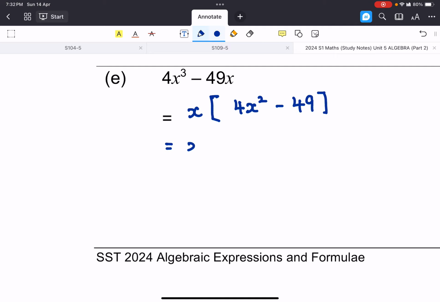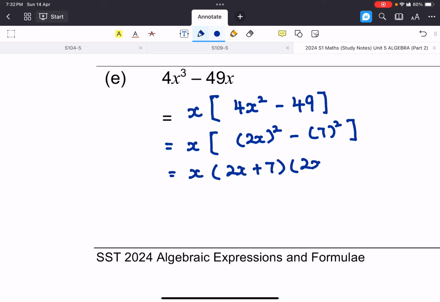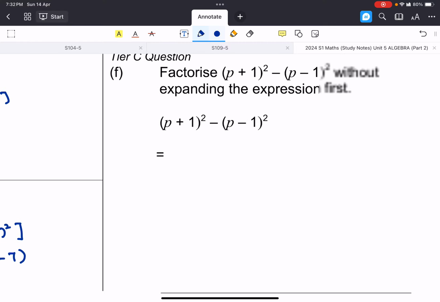So now we keep the x to a side. Over here, this becomes 2x squared minus 7 squared. So repeating the process that we have been working on, this becomes 2x plus 7, 2x minus 7. There we go.